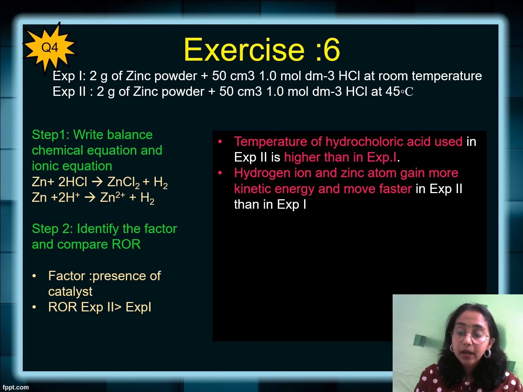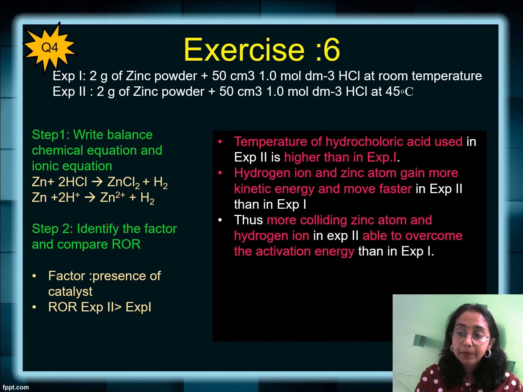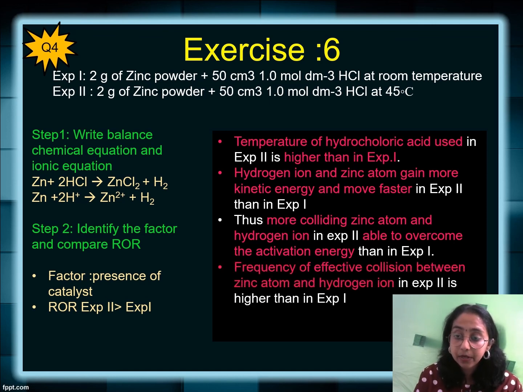And then we have to focus on the kinetic energy gained by the particles. When hydrochloric acid gains more temperature, what happens? Zinc atoms and hydrogen ions gain more kinetic energy and move faster. When they move faster, they will be more colliding, and they are able to achieve the activation energy in experiment 2 than experiment 1.